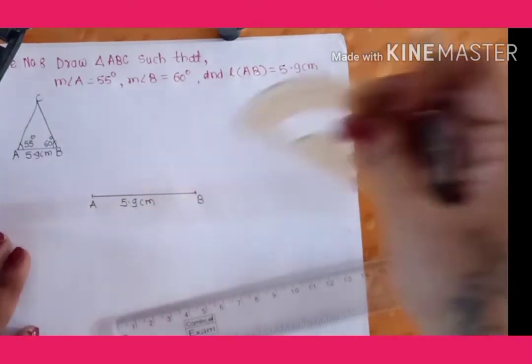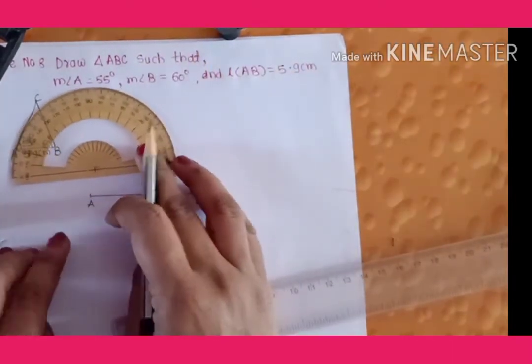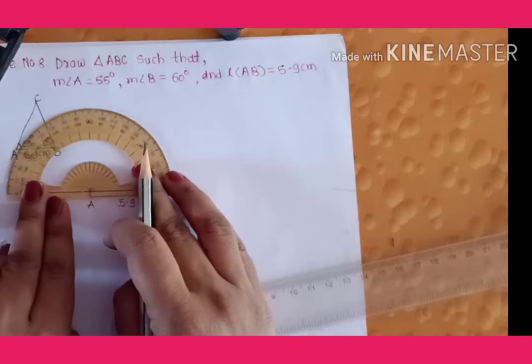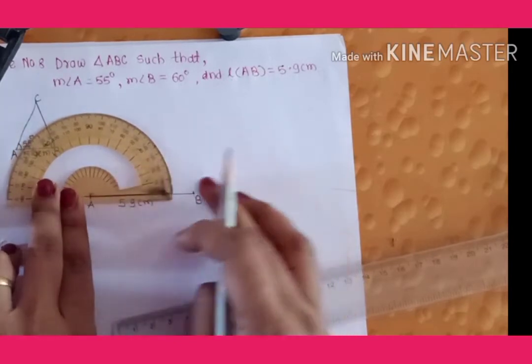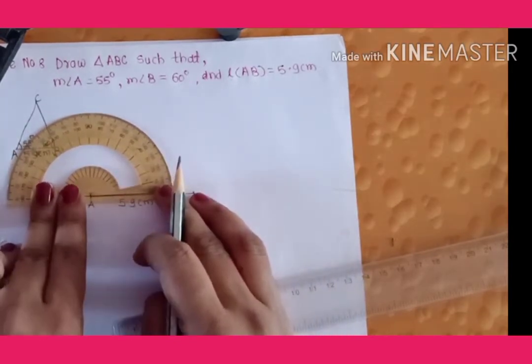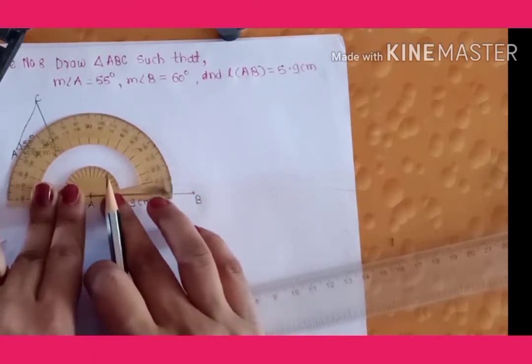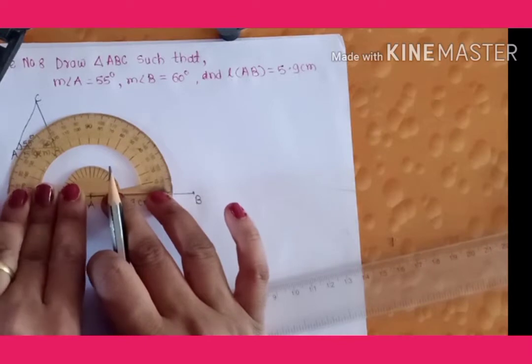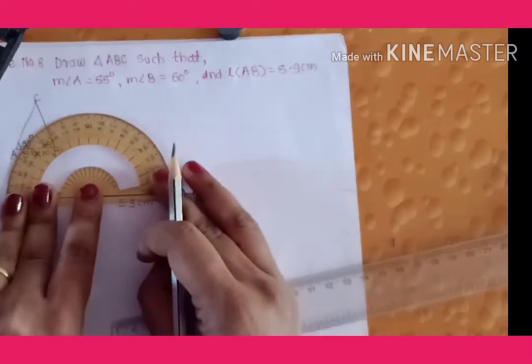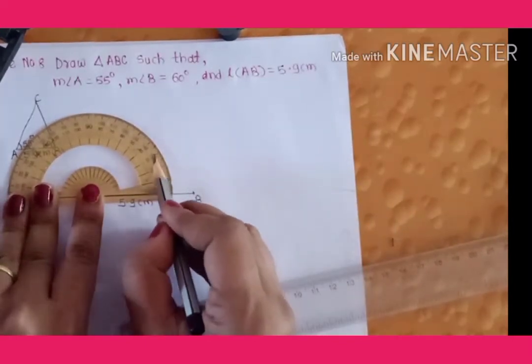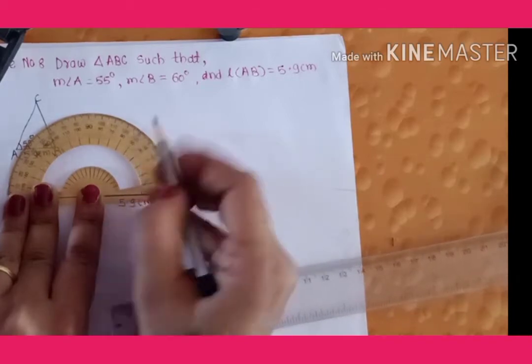Now from the point A, using the protractor, draw a ray in such a way that measurement angle A is equal to the 55 degree. 0, 10, 20, 30, 40, 50 and 55.